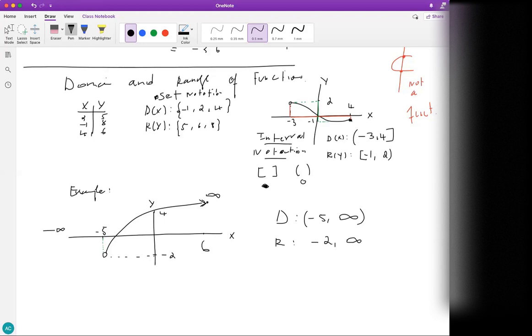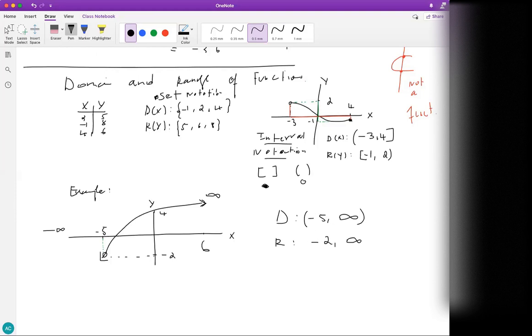Because the graph on this side does not stop, both x and y go to infinity, but here the graph starts from here. So both x and y start exactly here. There's nothing below this because of this circle. Unless, if you had an arrow here, that means it does not start or stop here, it keeps going. So we would have infinity here too.